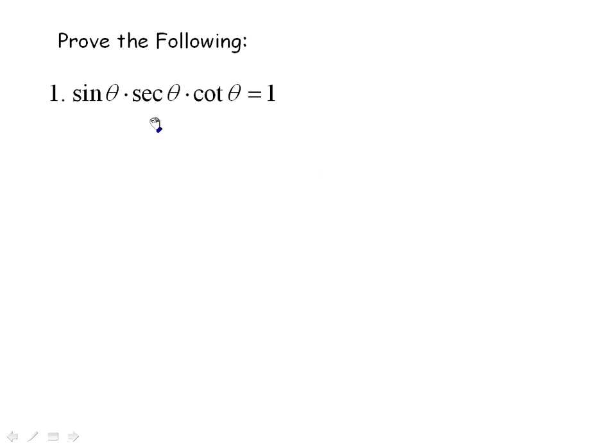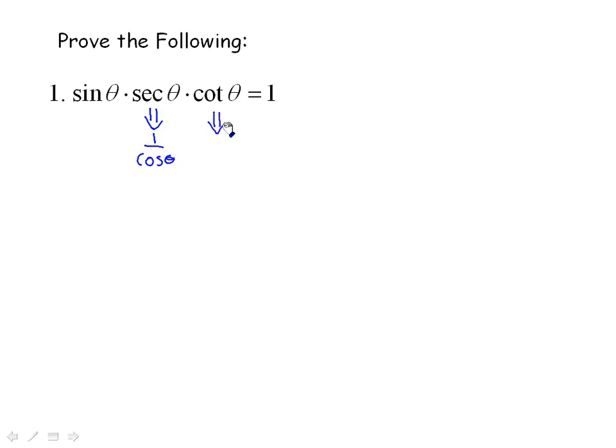So what the method basically is, when we see reciprocal or quotient forms, we try to express them, if possible, in terms of the primary form, that is sine and cos. And through substitution, carefully, for example, we would take secant and replace this with 1 over cos.